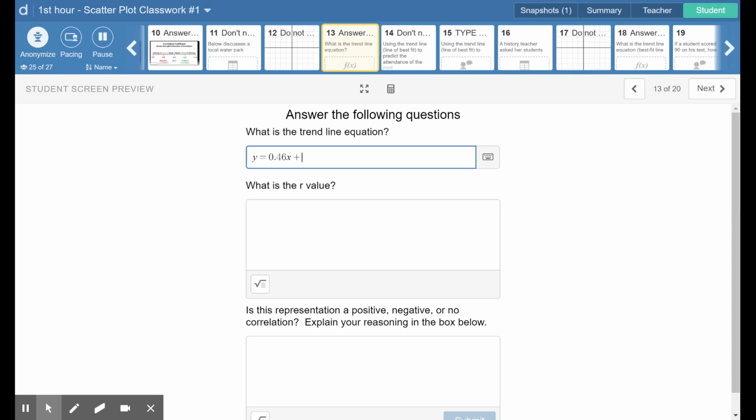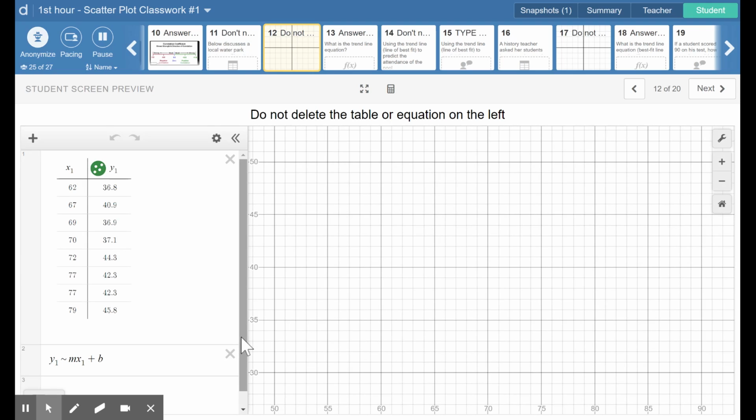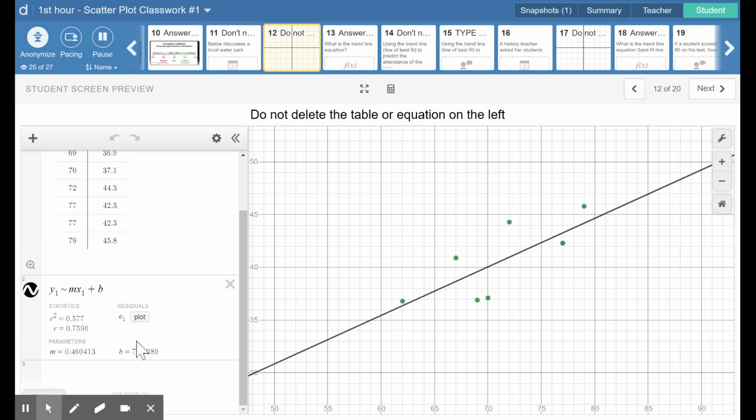And then our b value from the previous slide was 7.82289. So we're just going to round that to 7.82. Now once again, where I got that information from is located right here. So all I did was round it.